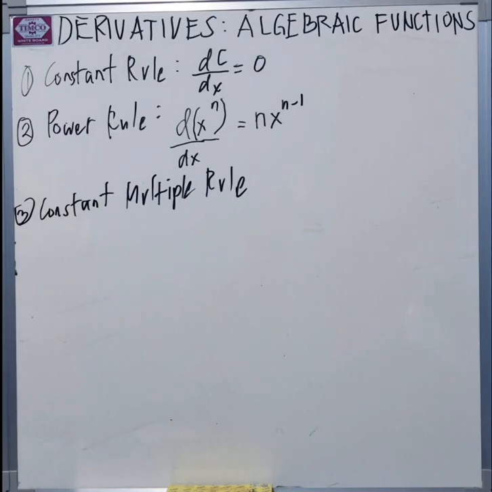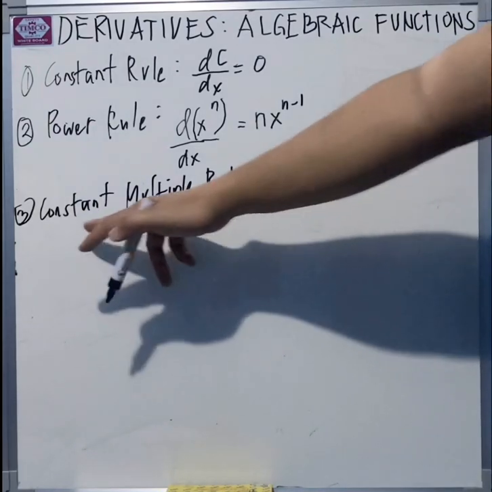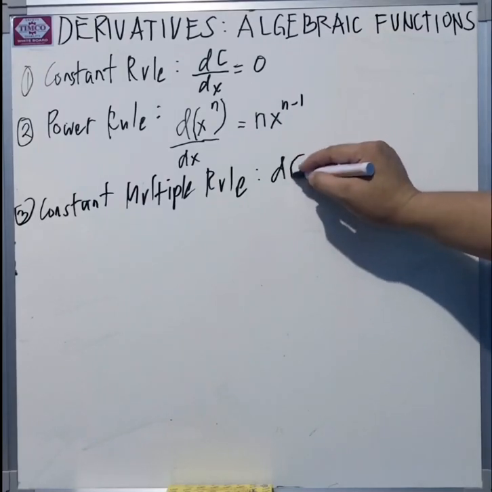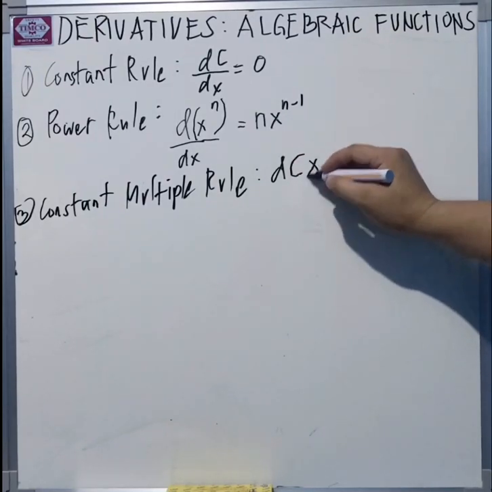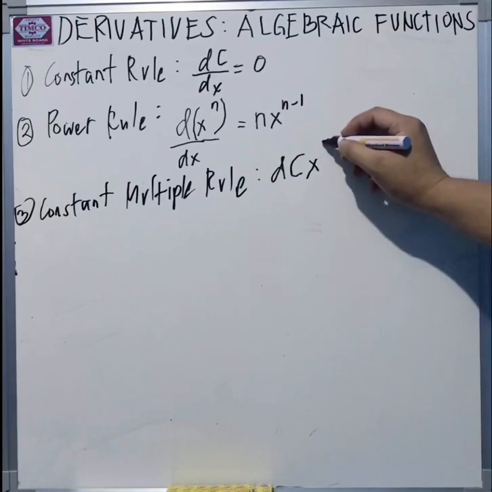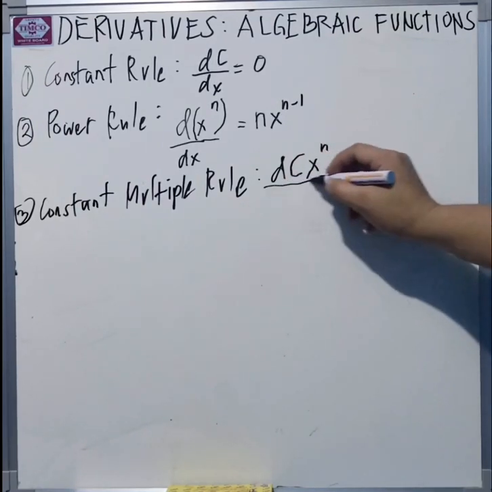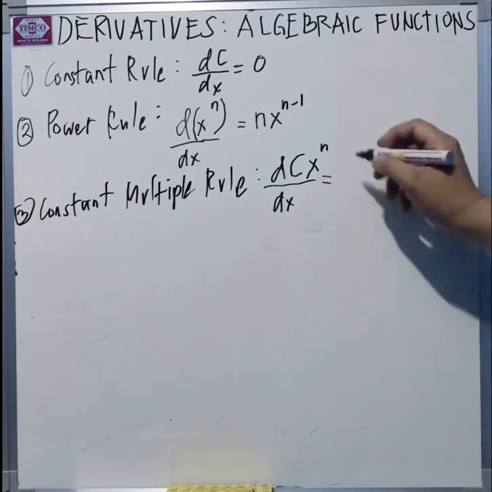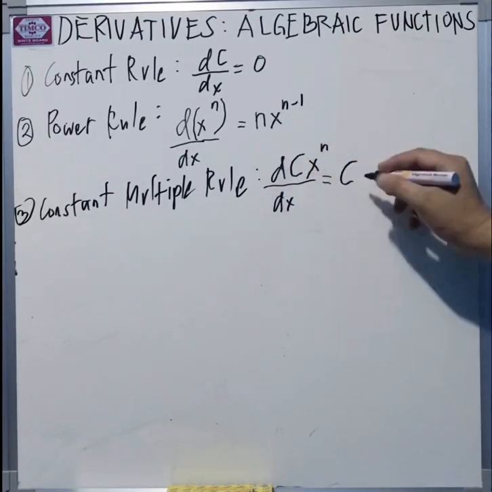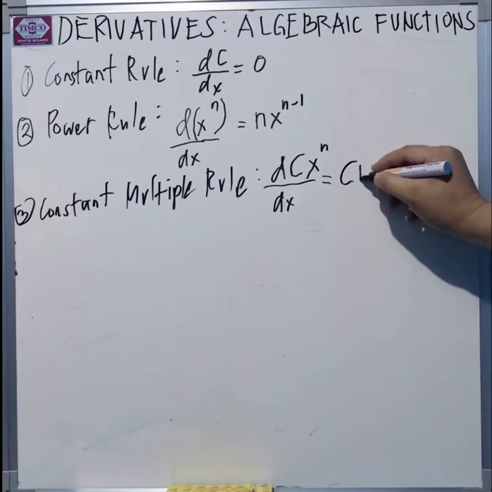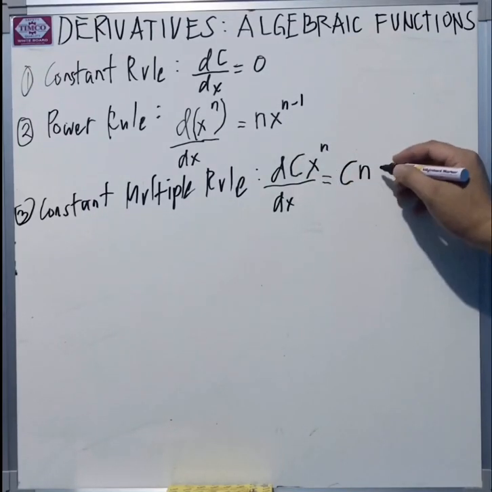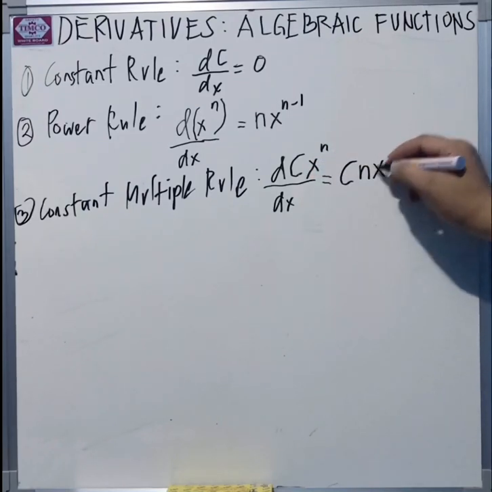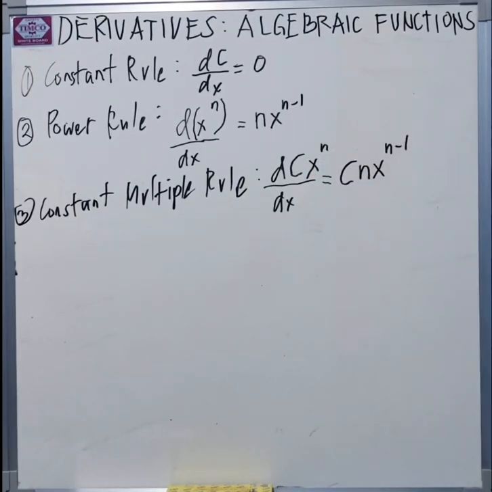multiple rule. In that rule, if we have the derivative of a constant times a function raised to n with respect to dx, the derivative of that is equal to the constant times the power times the function times the variable raised to the n minus 1.